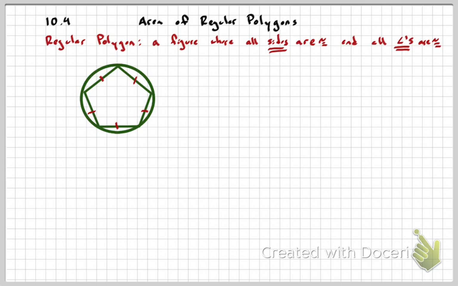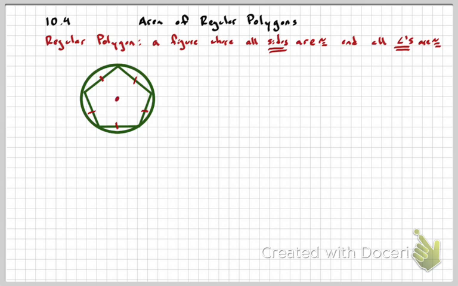But it's also important to note that if a polygon is regular, it can fit inside a circle that's the correct size, and every vertex of your polygon will be on the circle's edge. That's true for a triangle, a square, a regular octagon, a heptagon, or a hexagon. If the figure is regular, you're able to draw a perfect circle around it, and each point of your polygon will be on the circle's edge. So that's important to remember.